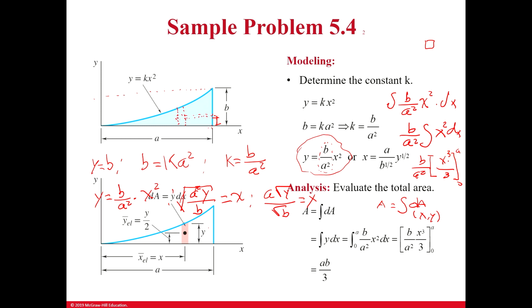Okay, so that is basically b over a squared. We just need to evaluate this part at a cubed divided by 3, minus, when it's 0, this whole thing is 0. So that is equal to a times b divided by 3.